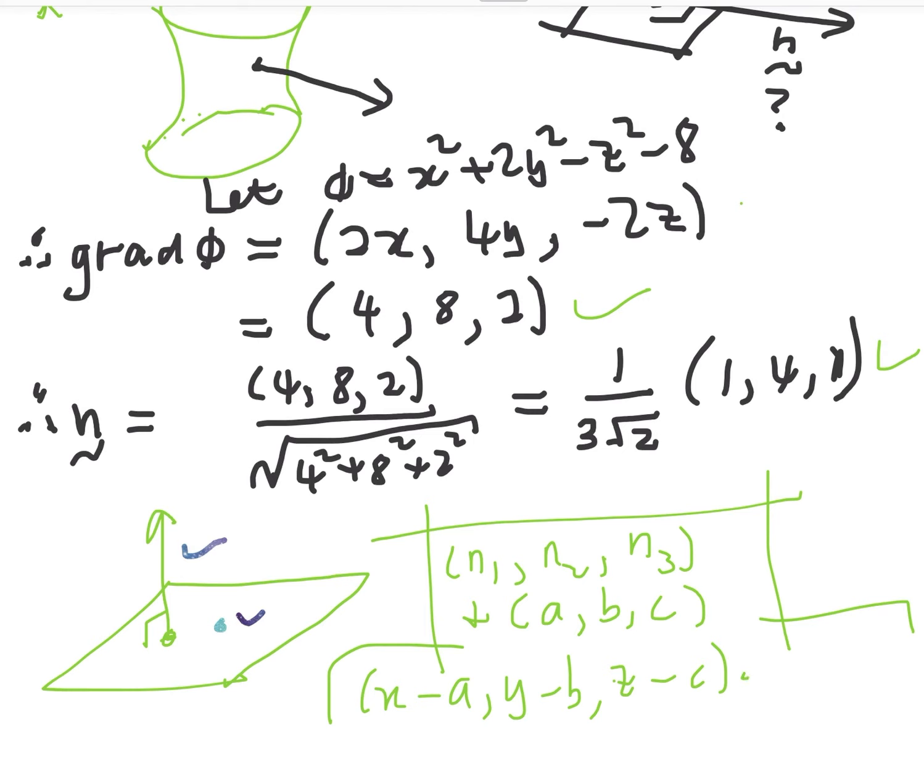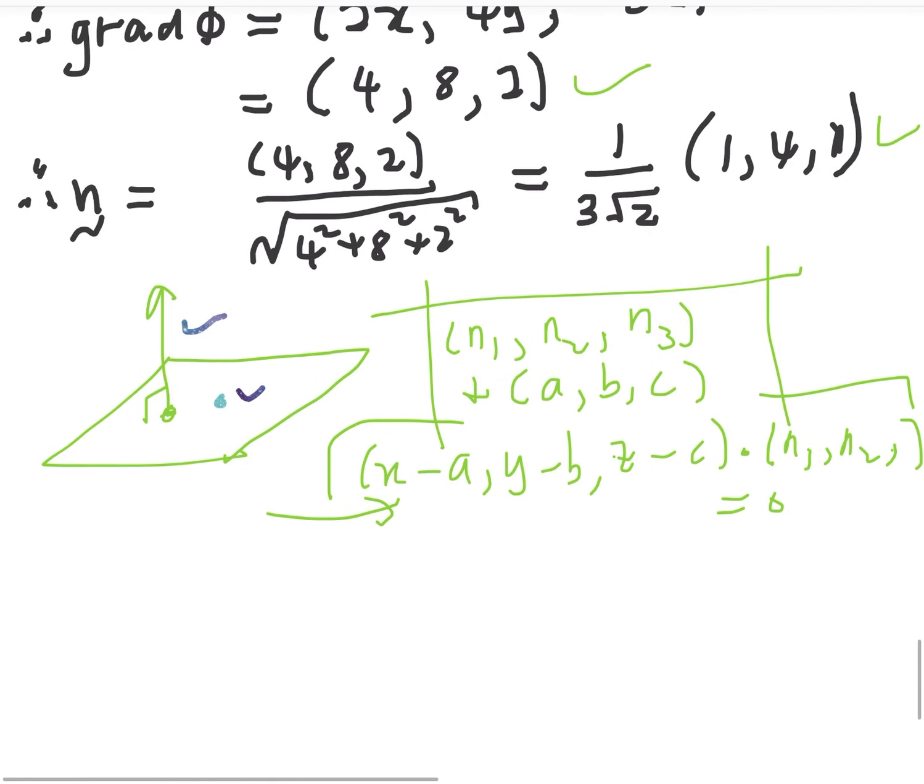That's a vector dotted with the coordinates of the normal, n1, n2, n3, equal to 0. So this is then the equation of the plane. This comes from first year.